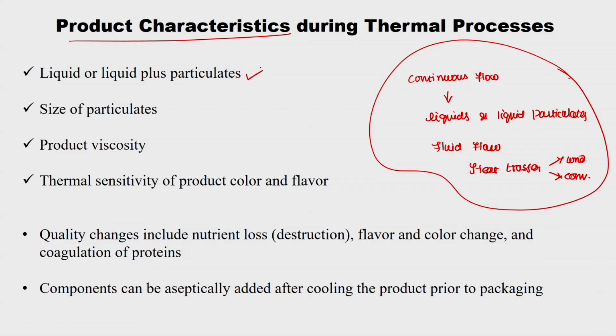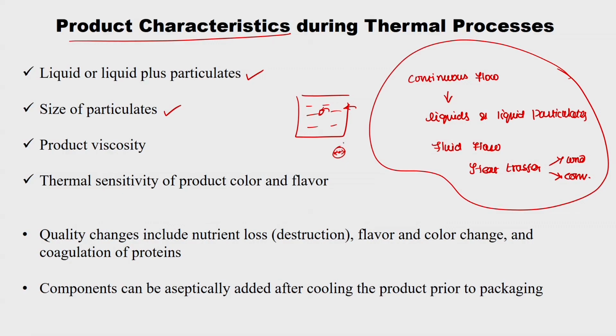So, liquid or liquid plus particulates, and the size of the particulates, yesterday we have told, right. In the liquid, my particulates are there. So, when I heat it, the heat has to penetrate through the wall by conduction, then it has to be convected to the liquid. From the liquid it is again convected to the solid particle, and within the solid particle it is again conduction. So, the geometric center of the solid particulate product in the liquid has to be at sterilization temperature.